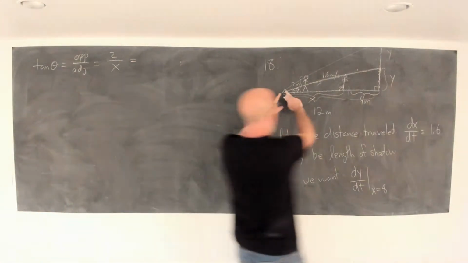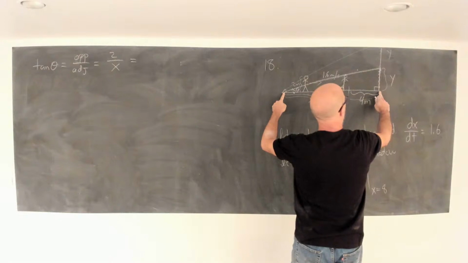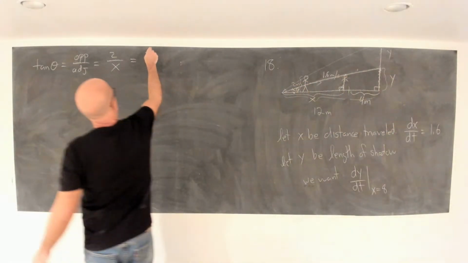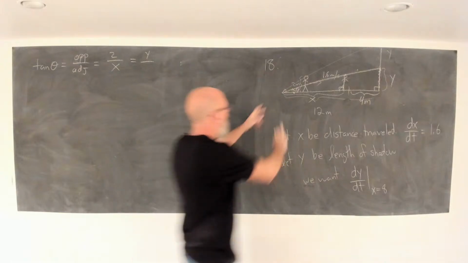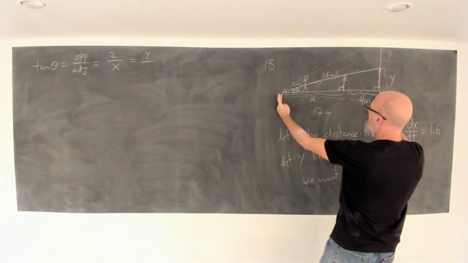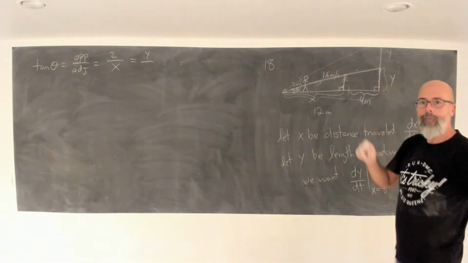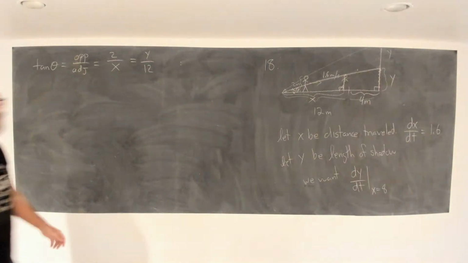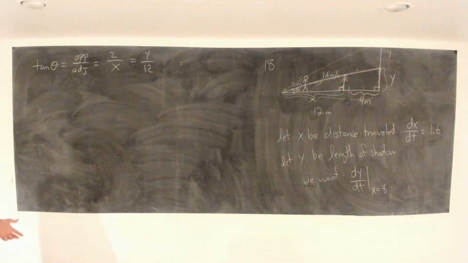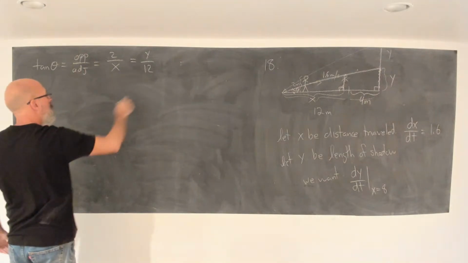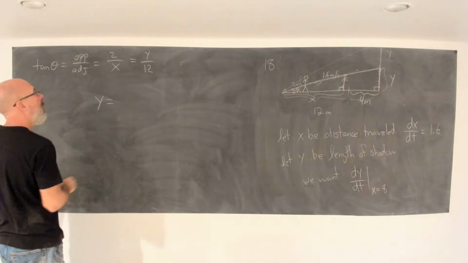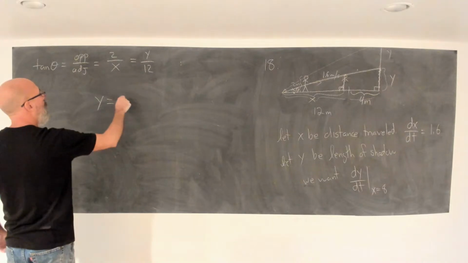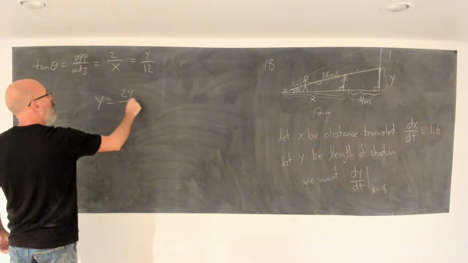But in the large one, the opposite side is y, and this base is 12. And there you have it, a nice relationship between x and y. y is 24 over x.